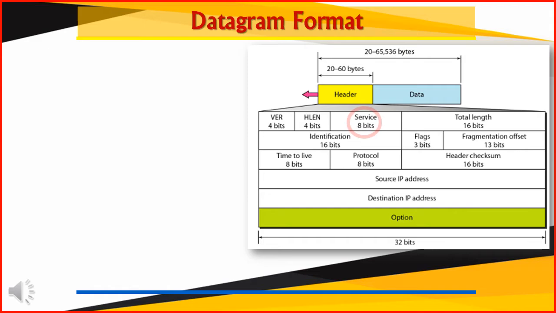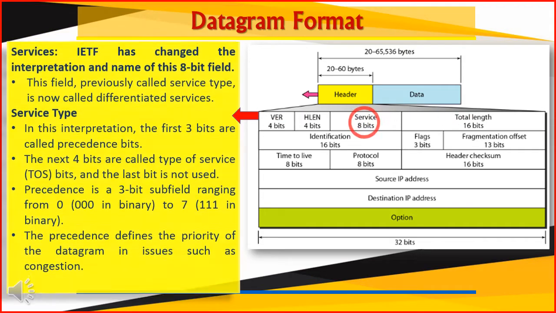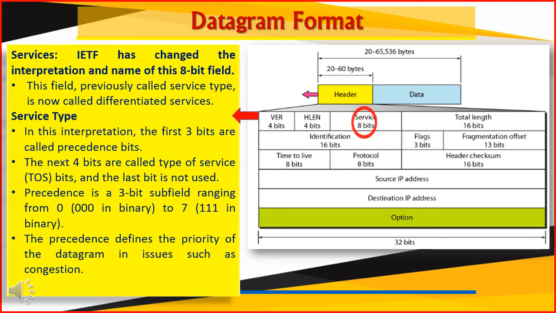Services block. IETF has changed the interpretation and name of this 8-bit field. This field was previously called service type and is now called differentiated services. In the service type interpretation, the first 3 bits are called precedence bits, the next 4 bits are called type of service bits, and the last bit is not used and is reserved for future purposes.